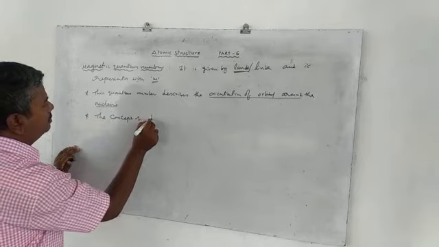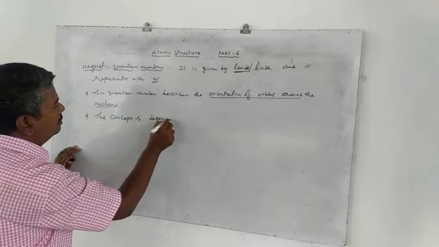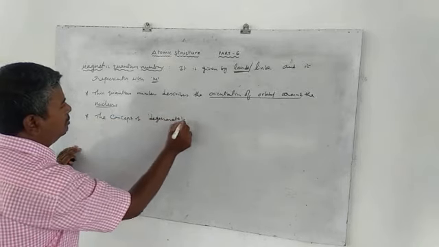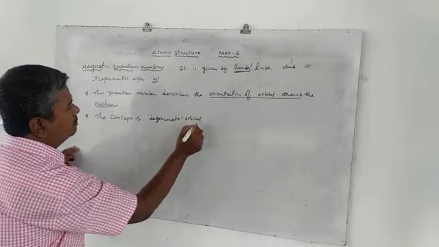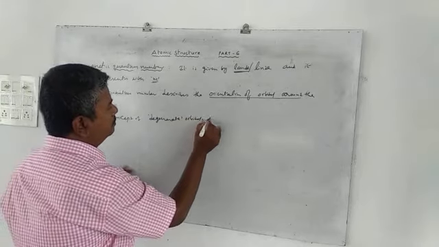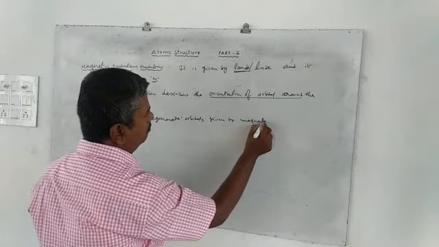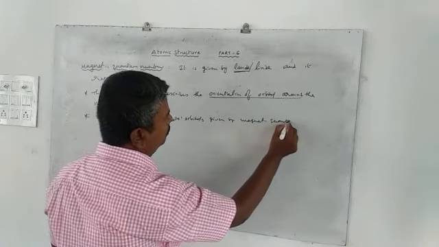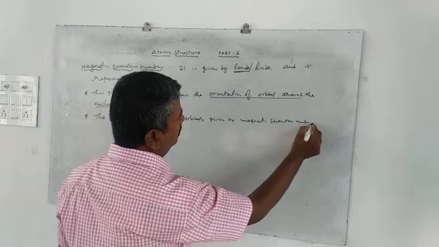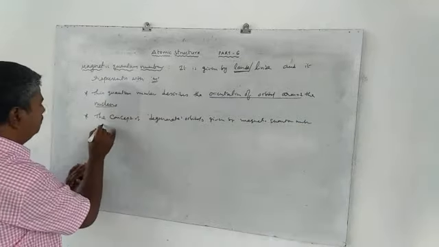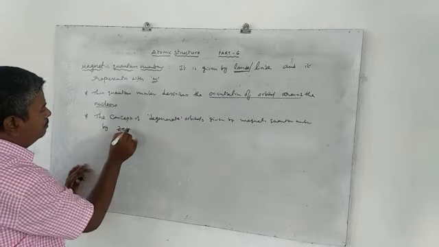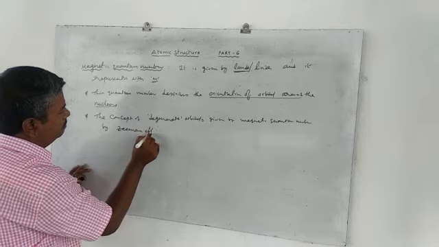So the concept of degenerate orbitals is given by which one? Magnetic quantum number, by the Zeeman effect.